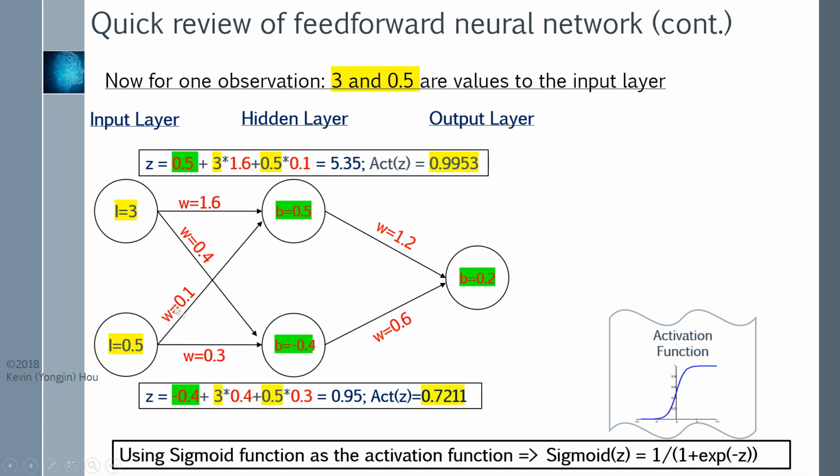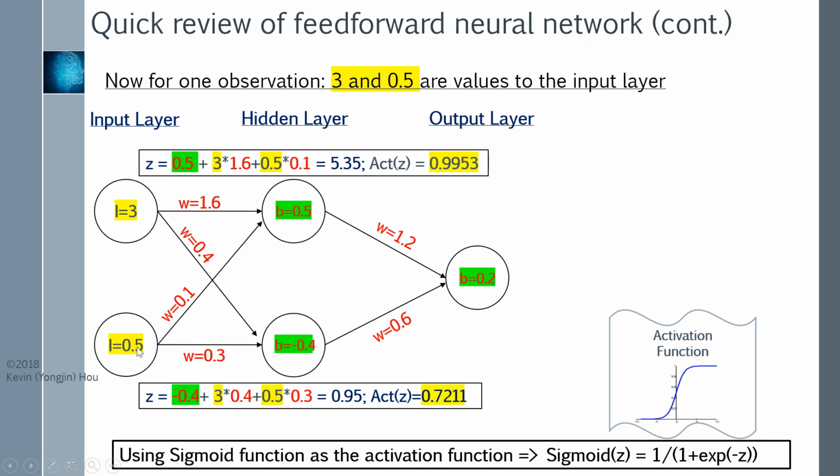Let's also calculate the z value and the activation after the z value. Now we'll care about this node, and this node has a threshold of minus 0.04. This node is getting the input 3 with a weight of 0.4.